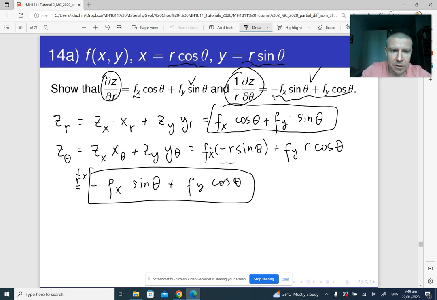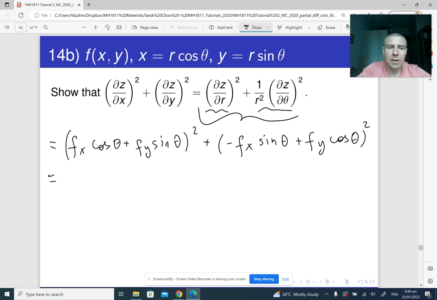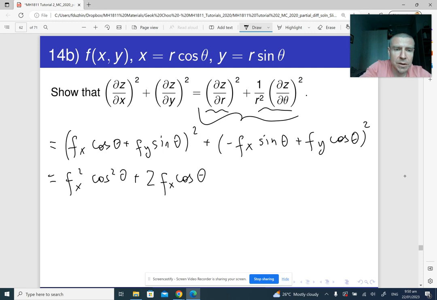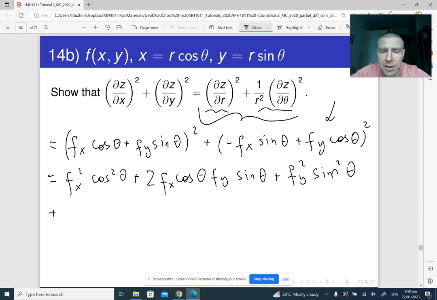Okay, so let's simplify this. For the first term, we take fx squared times cosine squared theta, plus twice the product, 2fx cosine theta fy sine theta, plus the second term squared, fy squared sine squared theta. Right, so this is the first expression. Plus, now I've got to do the second one.